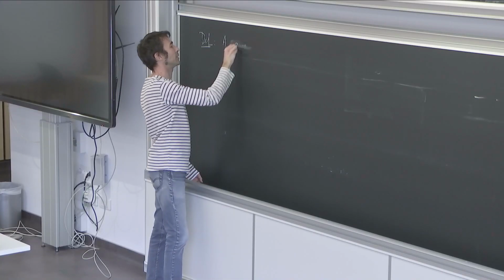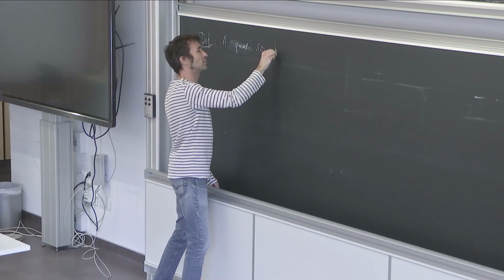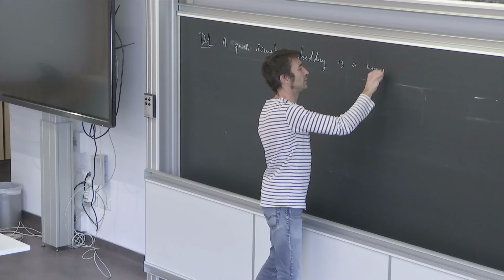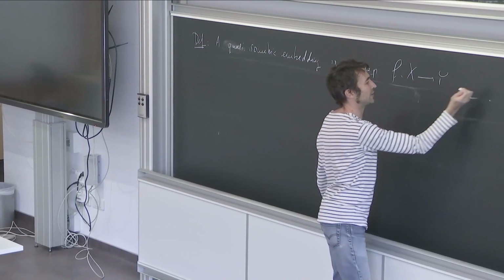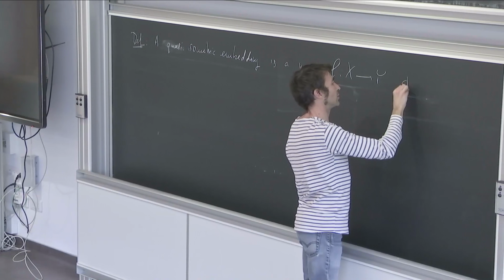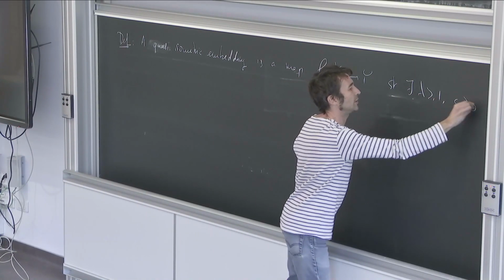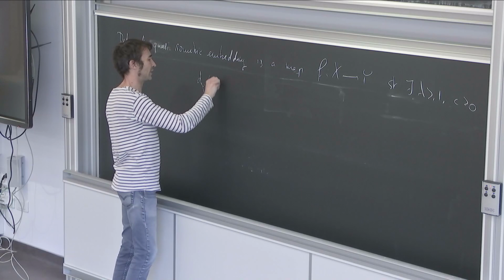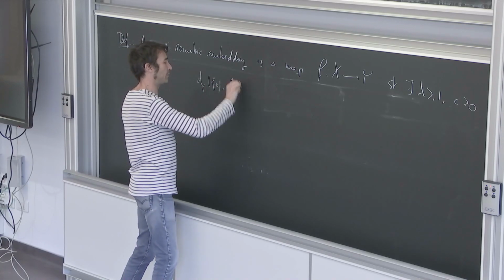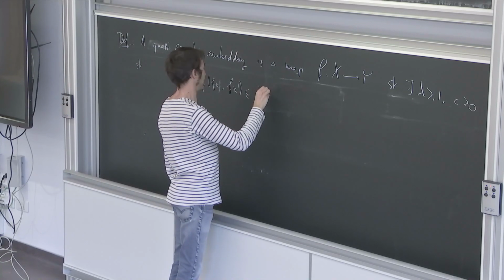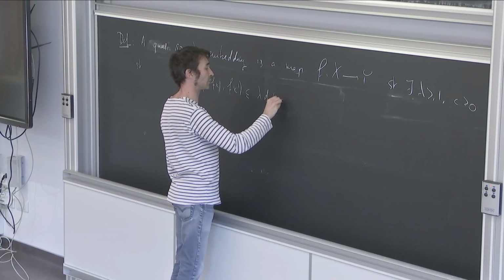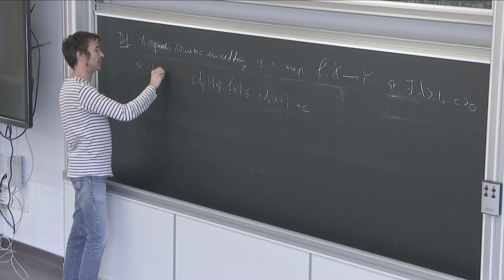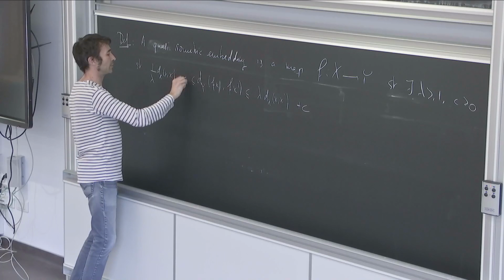First, a quasi-isometric embedding is a map f between two metric spaces such that there are constants lambda and C, such that the distance in Y between f of x and f of x prime is at most lambda times the distance from x to x prime, up to C, and at least 1 over lambda times the distance in X from x to x prime, minus C.